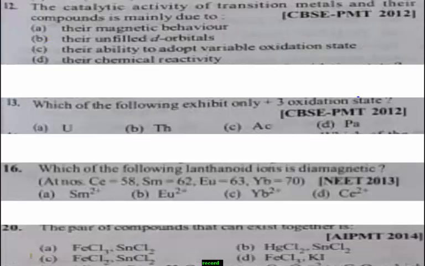Next question number 12. The catalytic activity of transition metals and their compounds is mainly due to: option A, their magnetic behavior; option B, their unfilled d orbitals; option C, their ability to adopt a variable oxidation state; option D, their chemical reactivity.